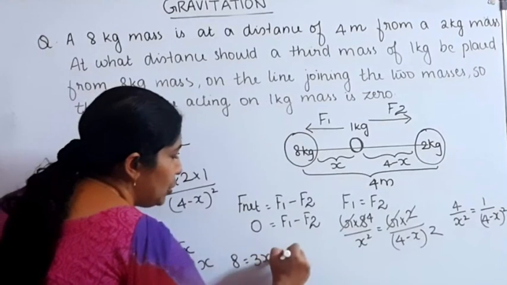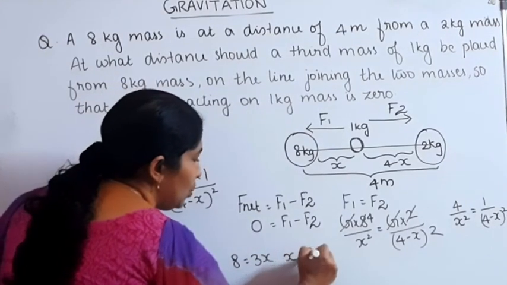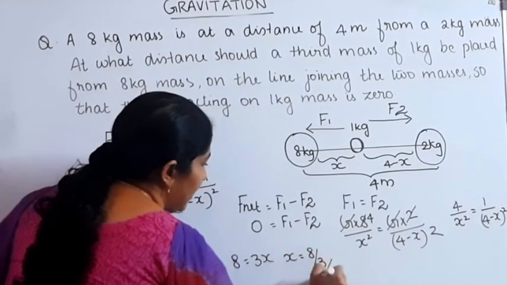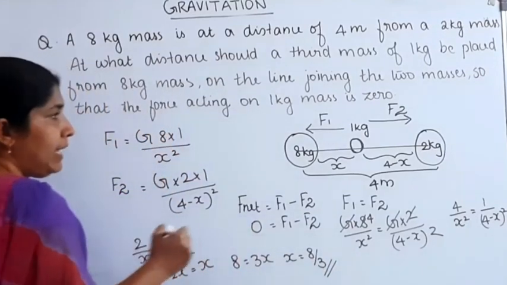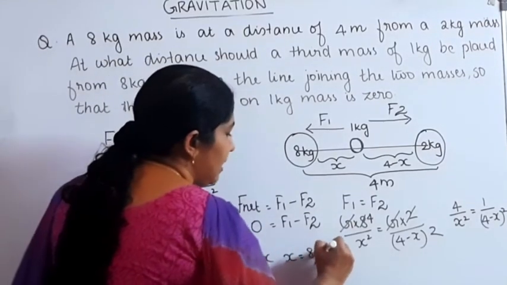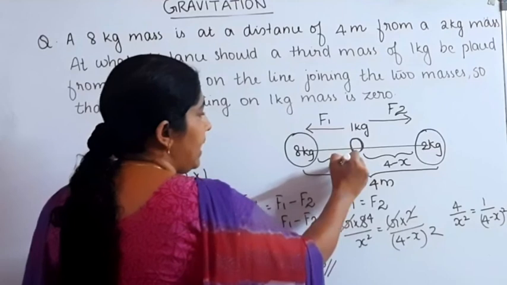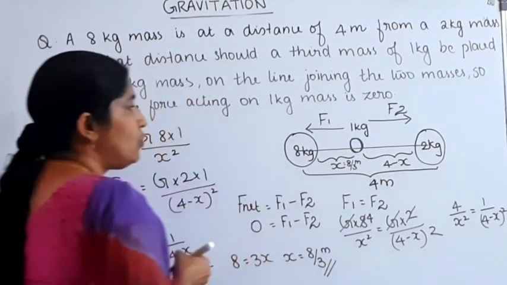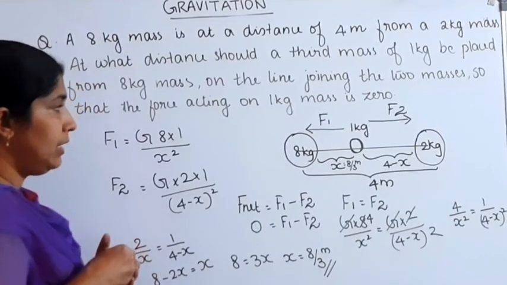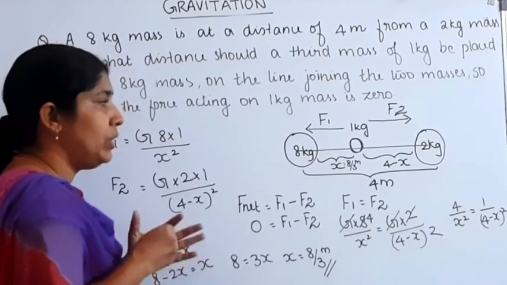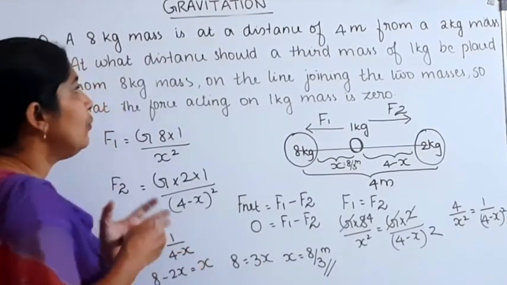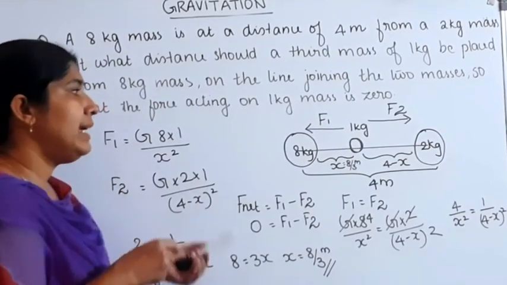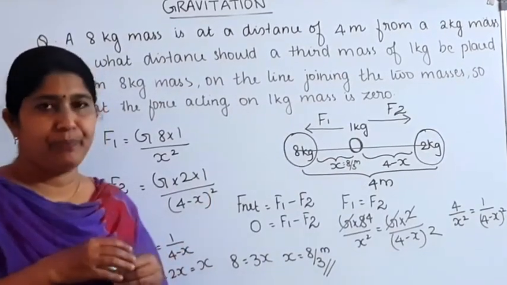Then x is equal to 8 divided by 3. So 8 by 3 meter is the distance from 8 kg where the 1 kg body is placed so that the force exerted on 1 kg is equal to 0.